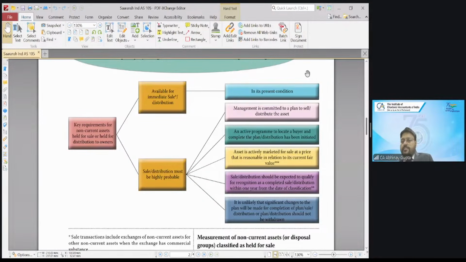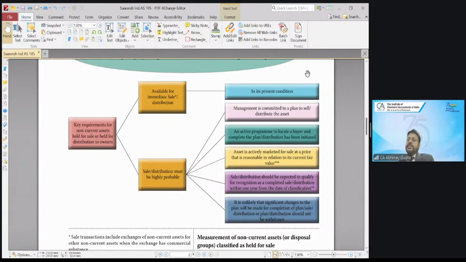Then management must have started an active program to locate the buyer so that this sale transaction can be completed, right? So it is not that management has decided to sell something but is sitting on the couch waiting for something to happen on its own, right? There have to be efforts which management needs to put in to get the sale completed. What are those efforts?